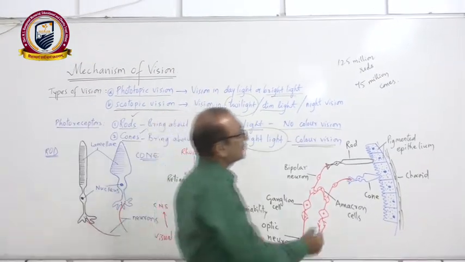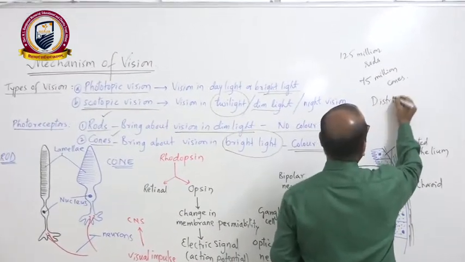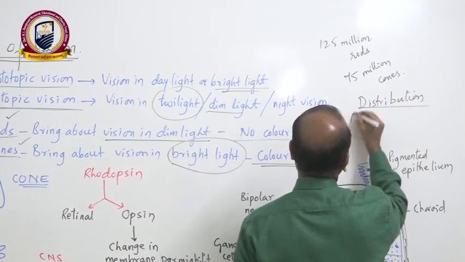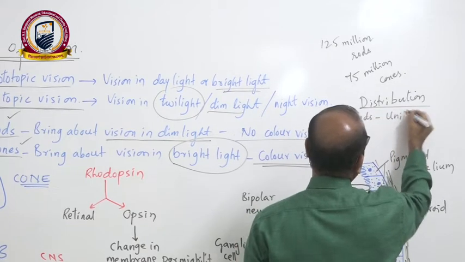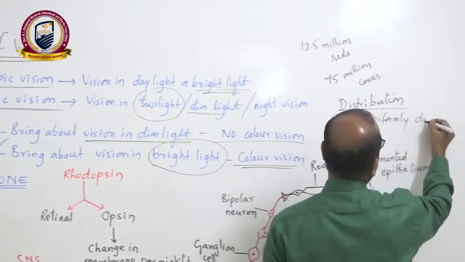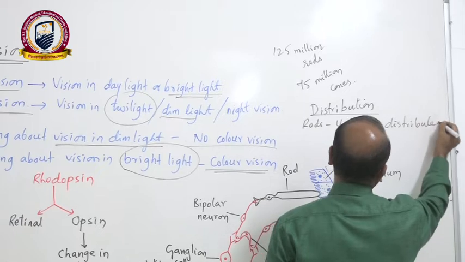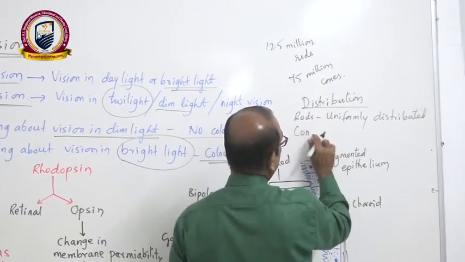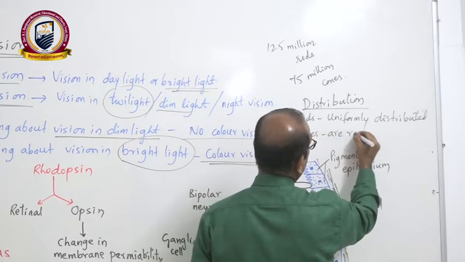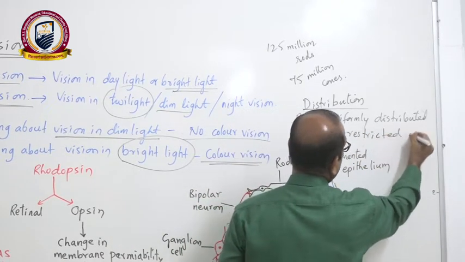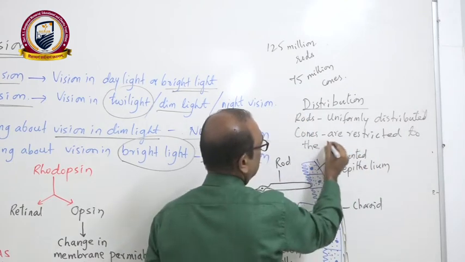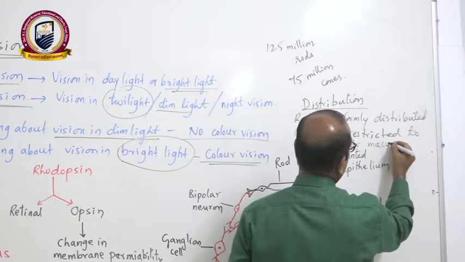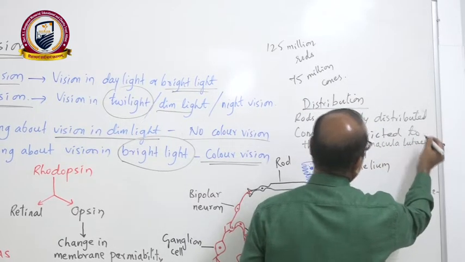Distribution of the rods and cones, if you take up, rods are uniformly distributed all over the retina, whereas the cones are restricted to the fovea and macula lutea.